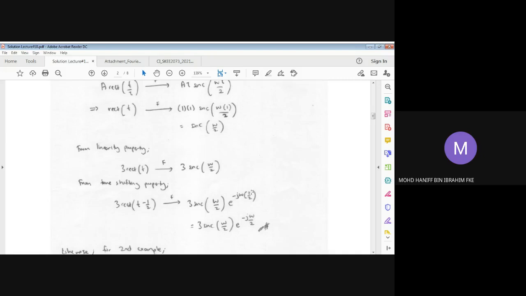Doctor, in the previous class, lectures 1 and 2, you said that we need to do time shifting before any other property. All right, I agree with you. But for this particular case, there is no effect, because we simply multiply the amplitude on this Fourier transform.